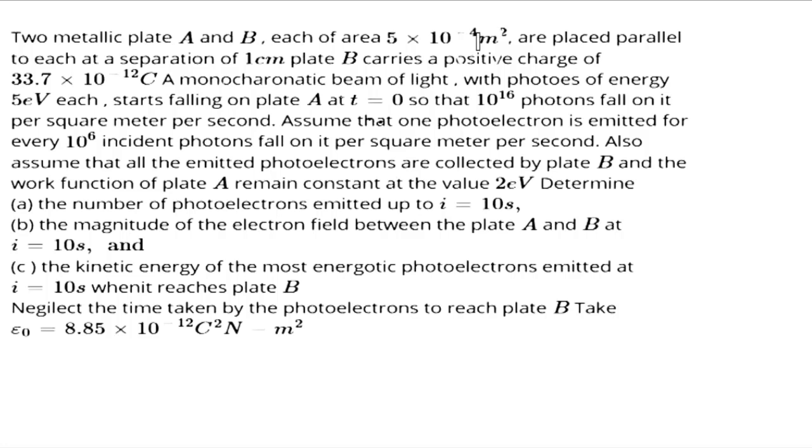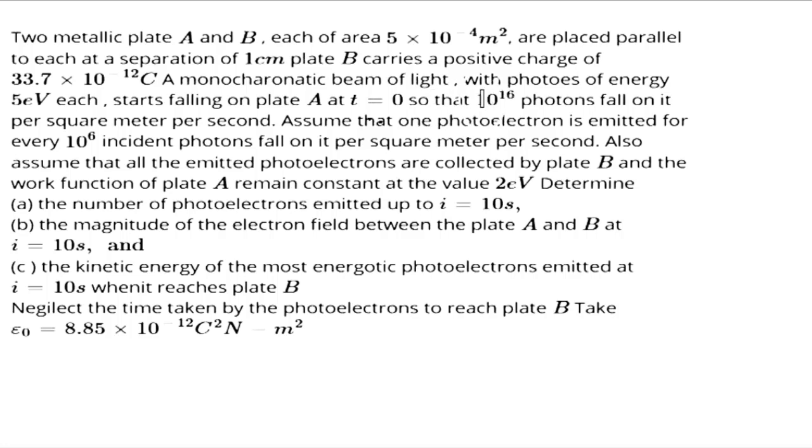Plate B carries a positive charge of 33.7 into 10 raised to the power minus 12 coulombs. A monochromatic beam of light with photons of energy 5 eV each starts falling on plate A at time t equals 0.